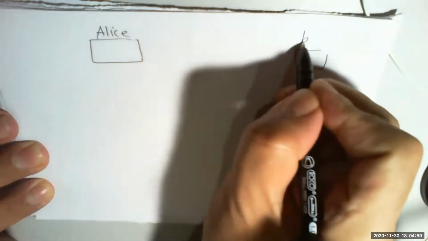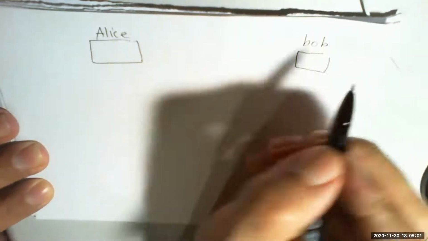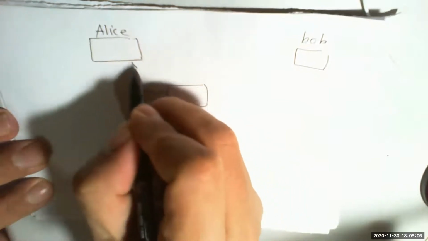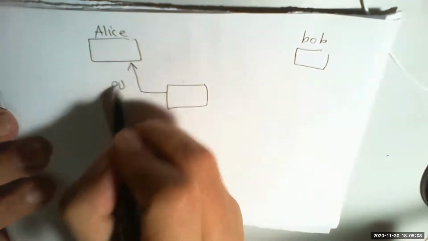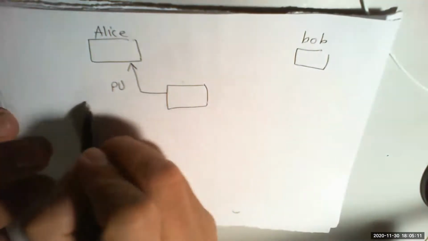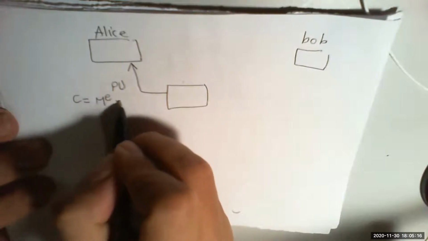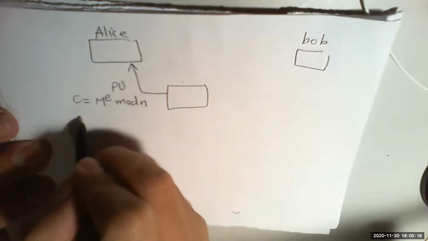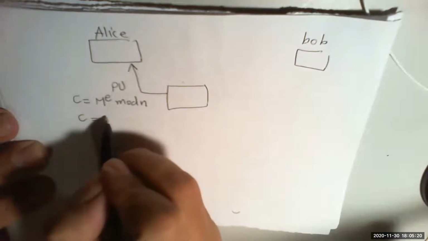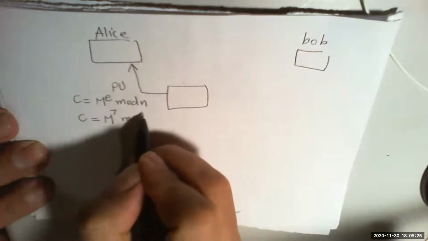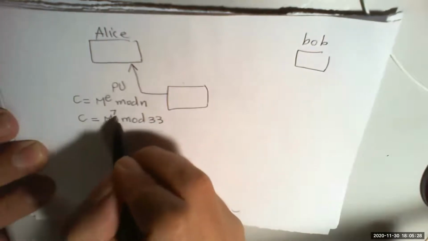For example, we have Alice and Bob, and we have the public key and private key pairs. This is the public key, PU. We can encrypt using C equals M to the power E mod N, where M is the text, E is 7, and N is 33.